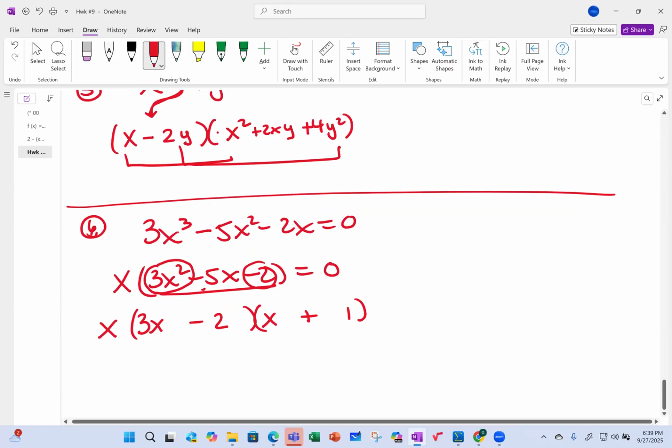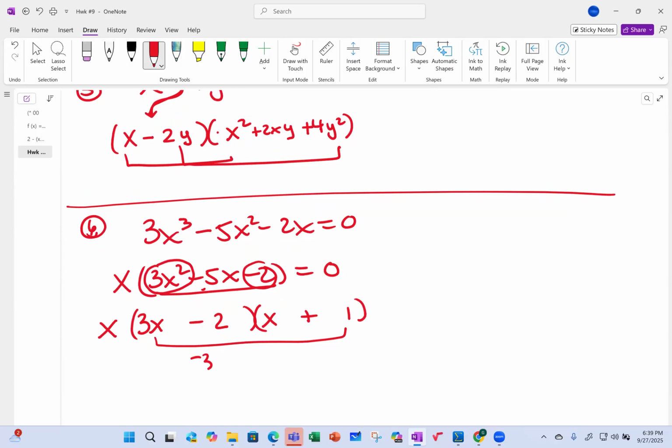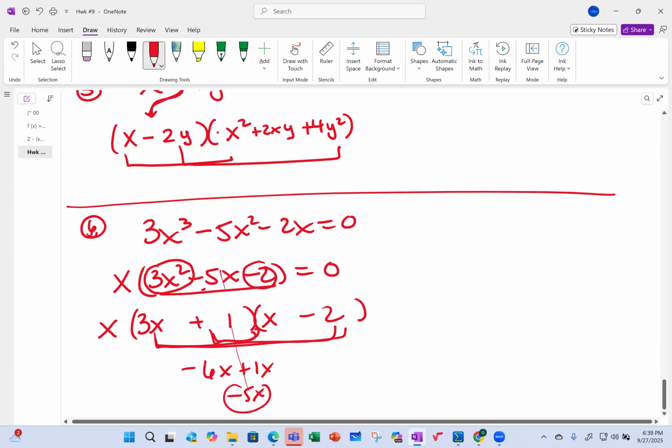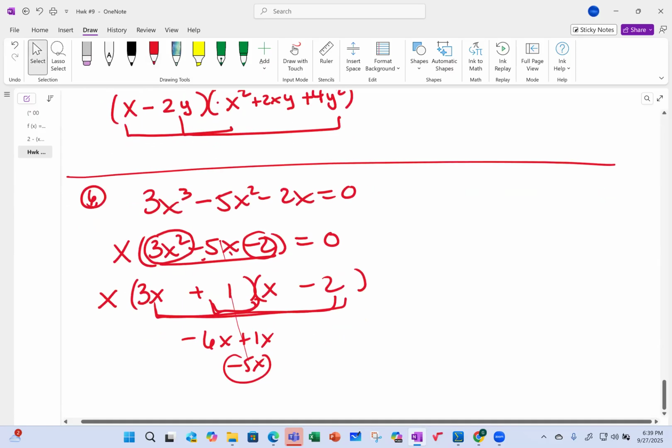I can see here this is going to give me 3x, and -2x is 1x. It's not going to work. So I'm going to try a -2 here and a +1 here. Now when I check, the outer is -6x and the inner is 1x, I do get -5x, which tells me I have the right combination.